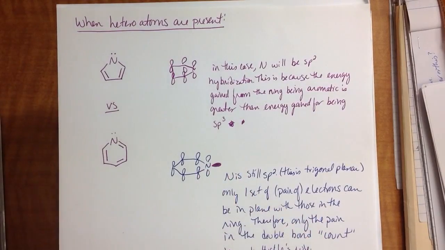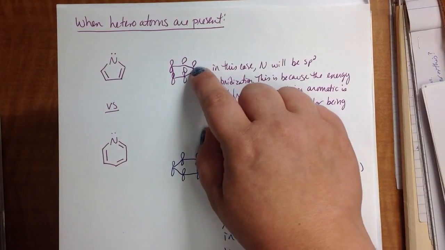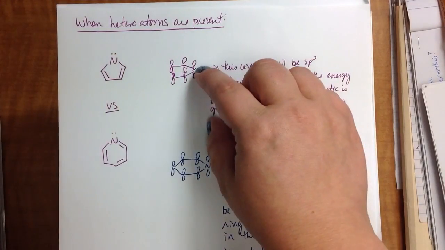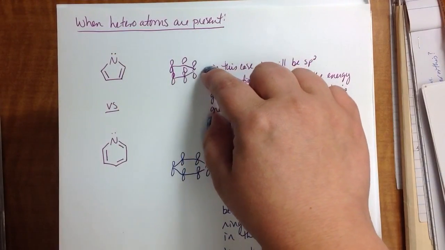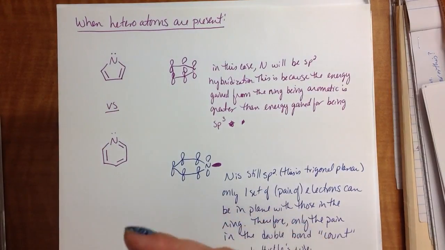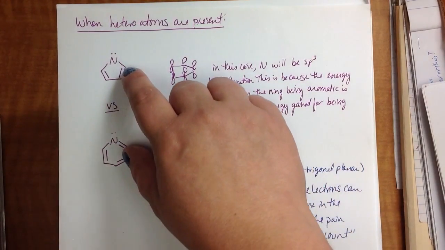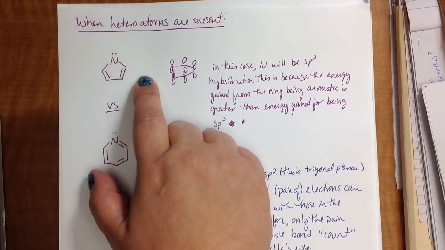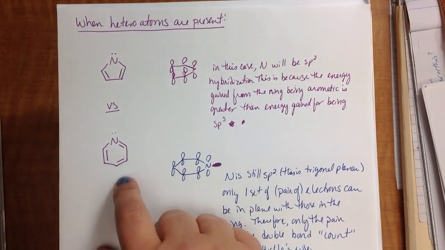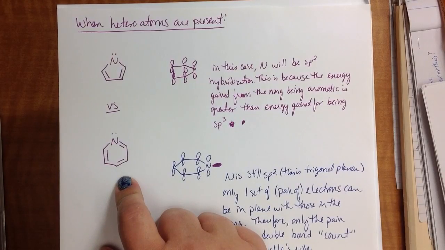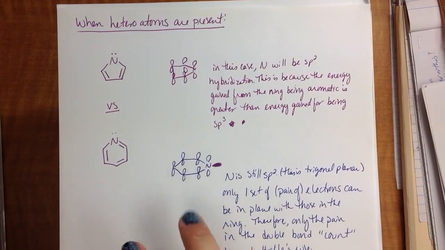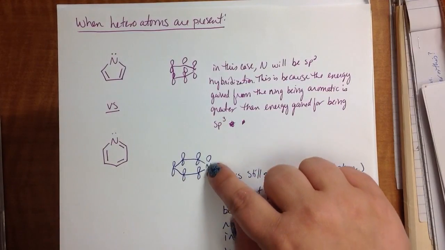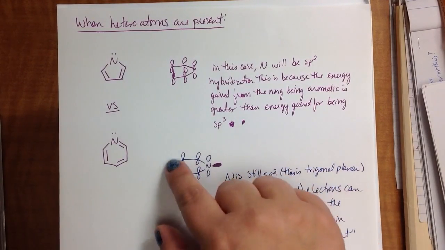In this case, we would have p orbitals coming up and down, and these pair of electrons are actually going away from that molecule. Now, that's actually happening here too, because this is sp2 hybridized, and the hydrogen would be coming out this way. But we can see pretty easily that there's 3 electron pairs that we're going to count in this, so that is an aromatic compound. This is also an aromatic compound, because we can only count one of those 2 electron pairs surrounding nitrogen, because only one of them can be in the same plane as the other ones.